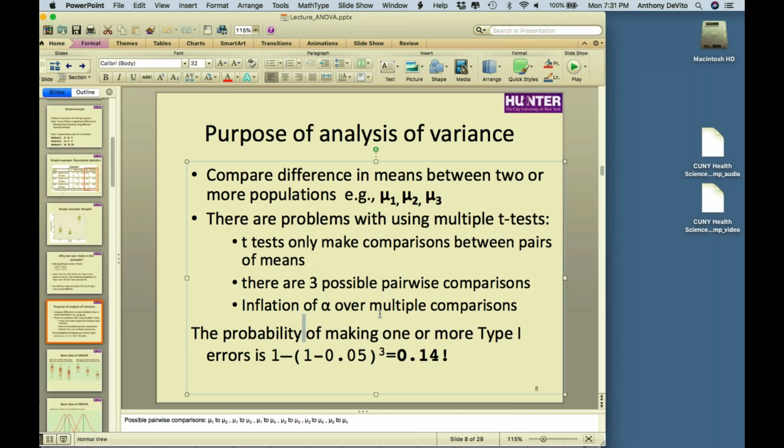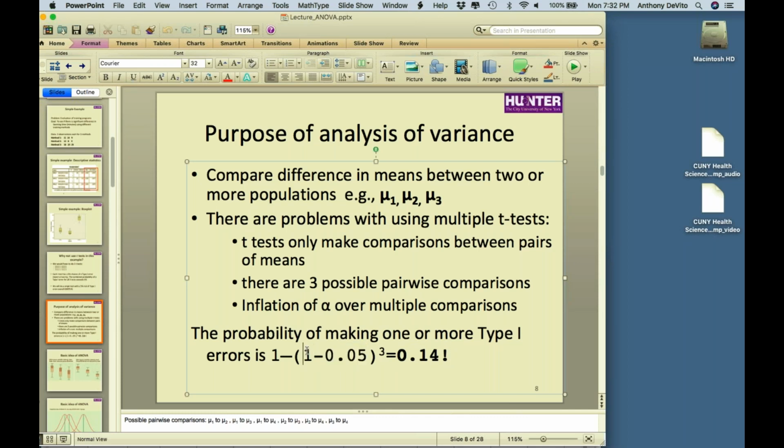So by repeatedly applying the t-test to these three samples, your probability that you would be right when you reject the null hypothesis goes from 95% to 84%. In other words, it increases your probability of being wrong from 5% to 14%. Okay, that's basically what this has done.